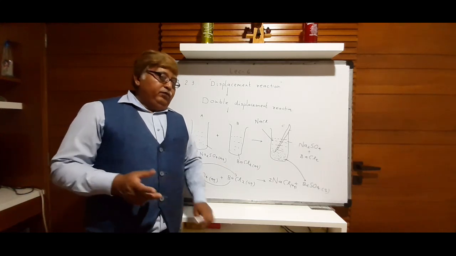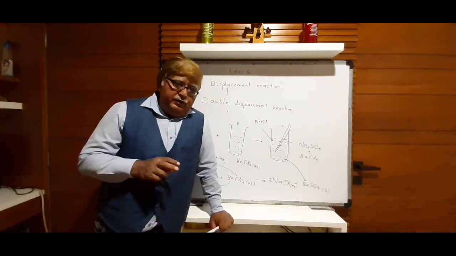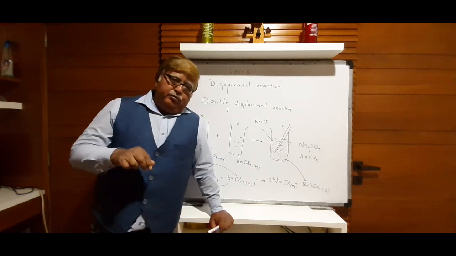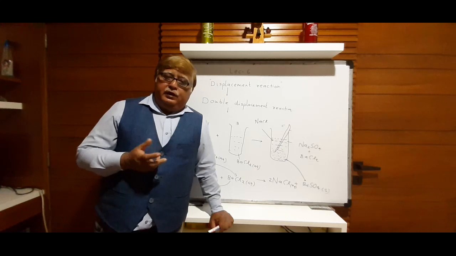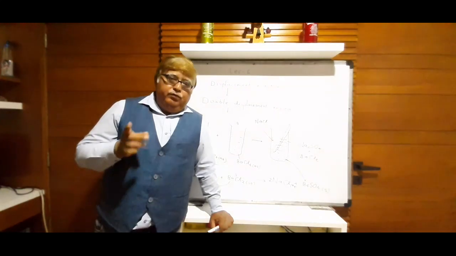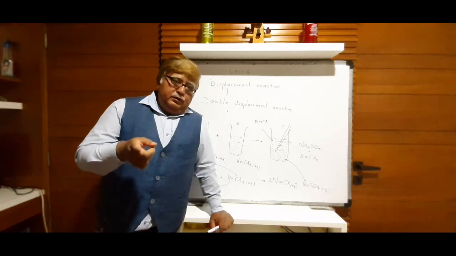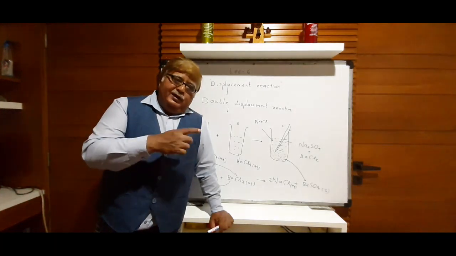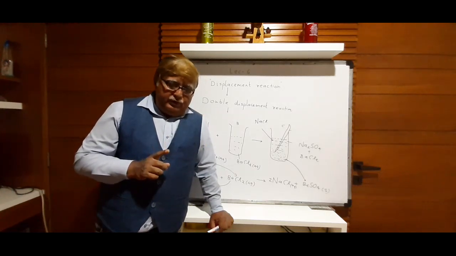Understood? If in exam they ask you what is the difference between single displacement and double displacement reaction, which I am going to dictate in today's homework. So in single displacement reaction, how will you define? When more reactive metal displaces less reactive metal from its compound and forms new compound, that is known as single displacement reaction.